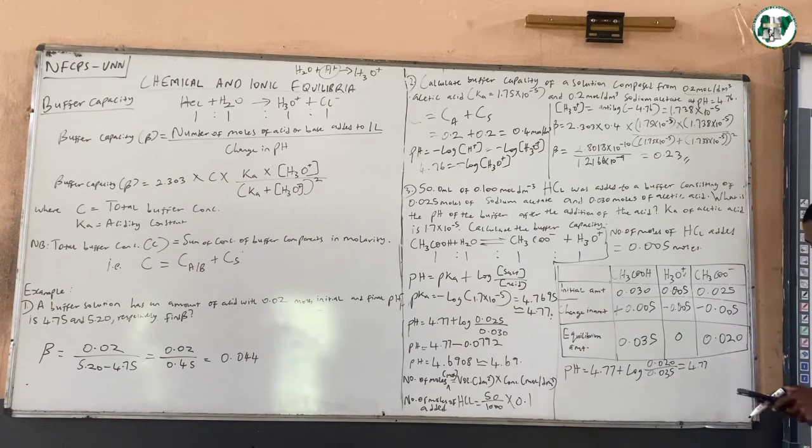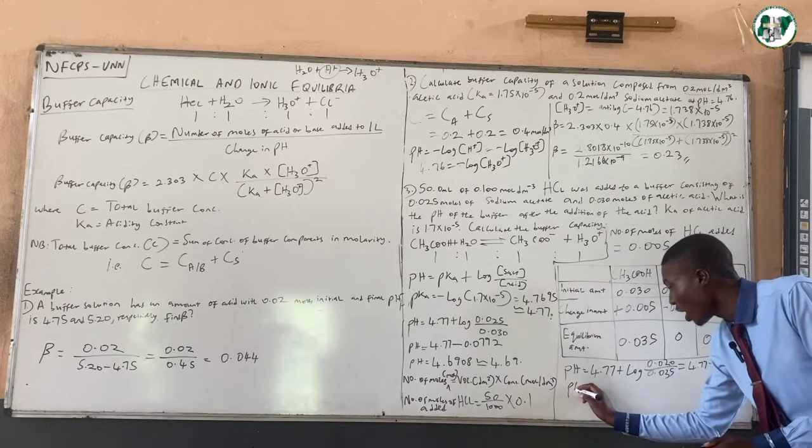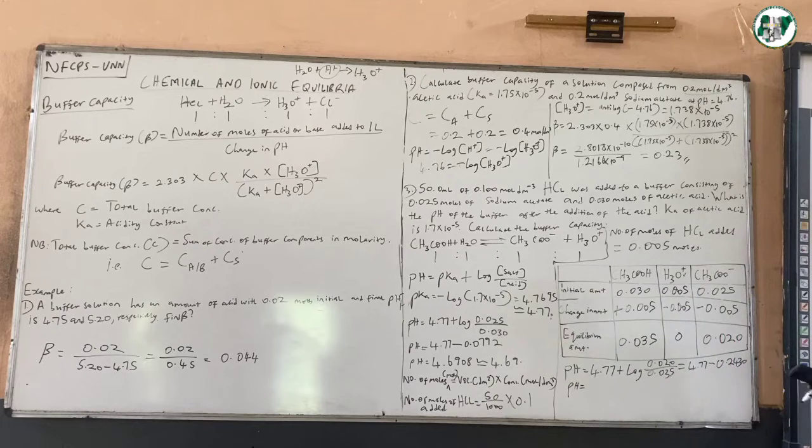And then let's do our log. 0.020 divided by 0.035, and then the logarithm of that is going to be minus 0.2430. Now, minus times plus will give us minus. So our pH is now equal to 4.77 minus 0.2430.